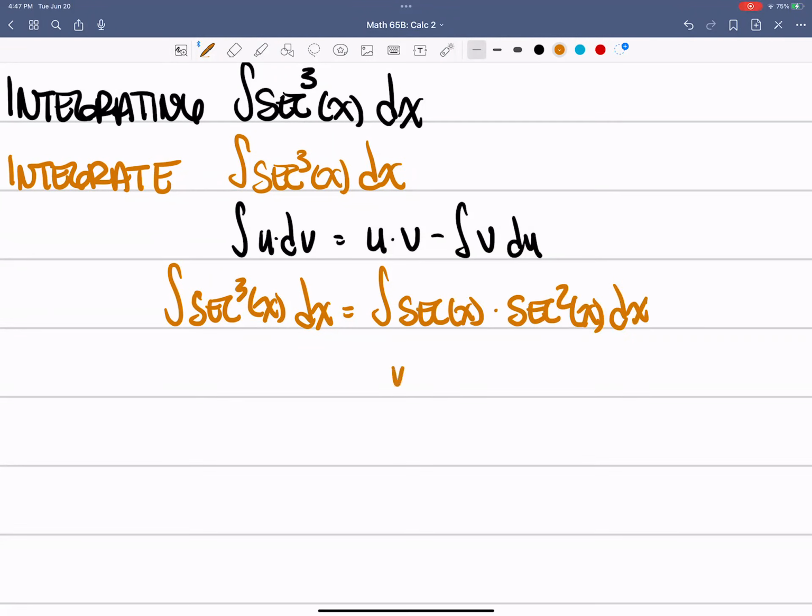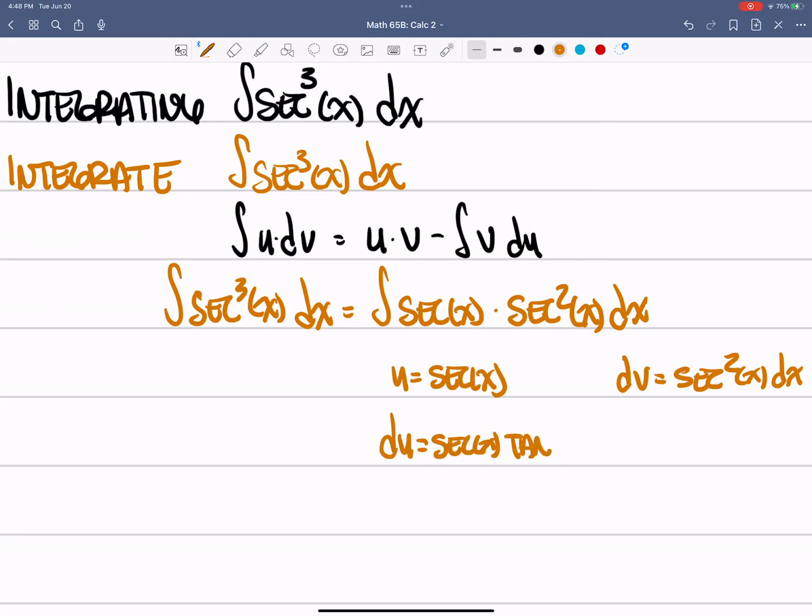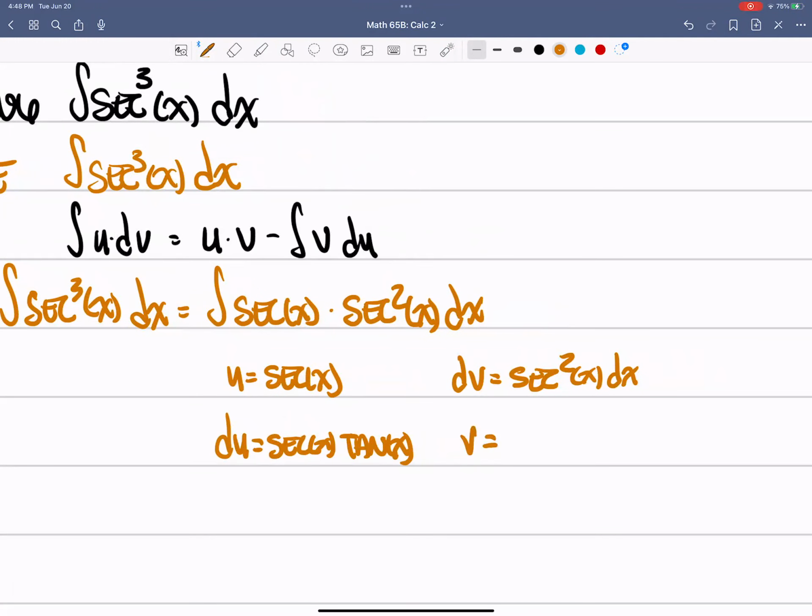So now we're going to let u equal secant x, and we're going to let dv equal secant squared x dx. So the derivative du is going to be equal to secant x tangent x dx, and the integral v is going to be tangent x.